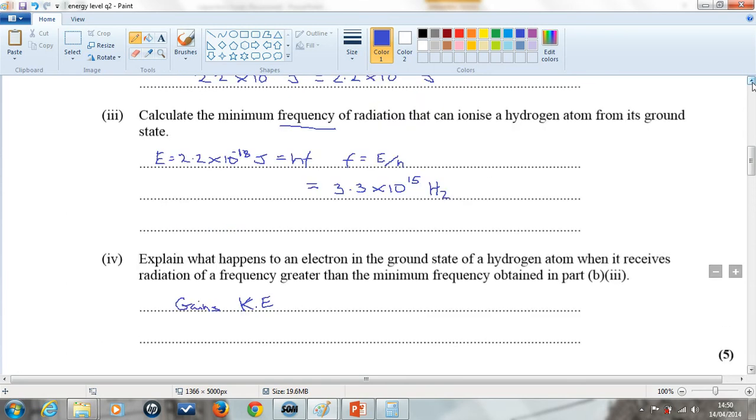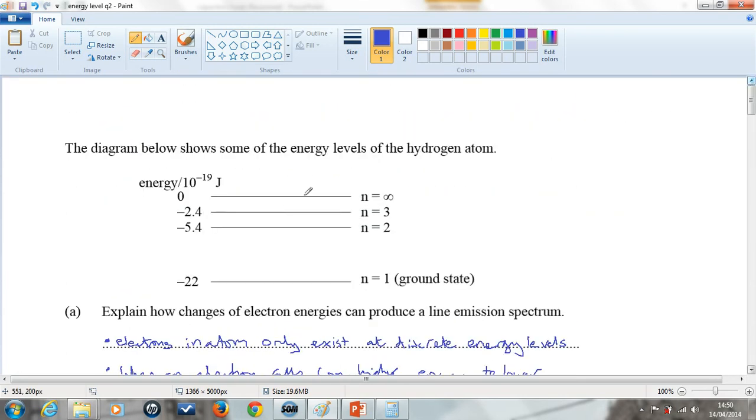So if we go back up to our energy level diagram, we have it falling from n equals 3 to n equals 2, and to do that it emits a photon of light, where the photon energy is equal to our higher energy level minus our lower energy level, which in this case is equal to the n equals 3, which is minus 2.4 times 10 to the minus 19 joules, minus 5.4 times 10 to the minus 19 joules.